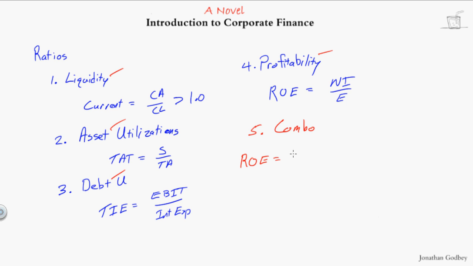But I can also say that's equal to net income over sales times sales over assets times assets over equity. So I can break down this ratio into three separate parts, and I can take it apart and I can say, I'll put my multiplication there, I can say, where is my return on equity doing well? Where is it falling behind?